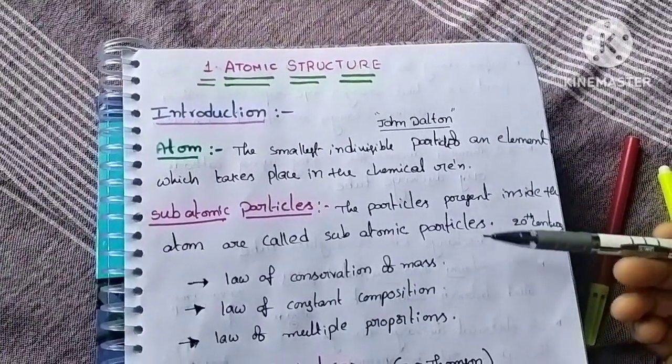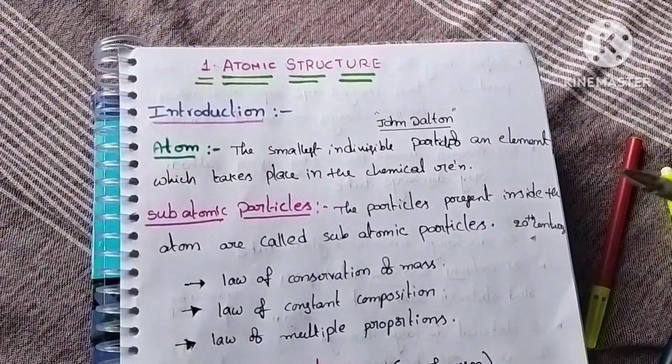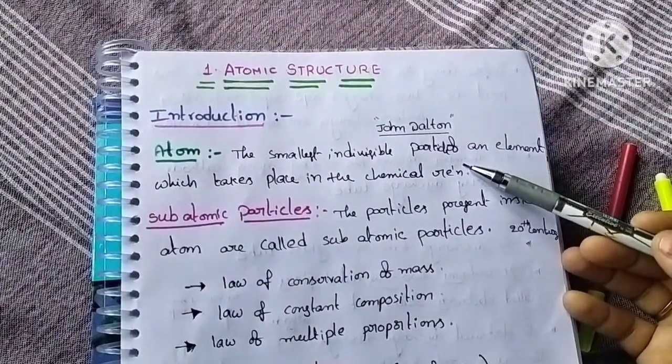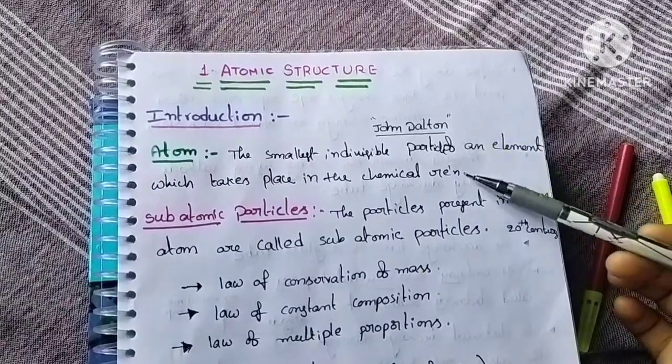Different types of atoms combine to form different types of materials or compounds or matter, whatever it may be. This is the basic definition of atom according to John Dalton's theory.